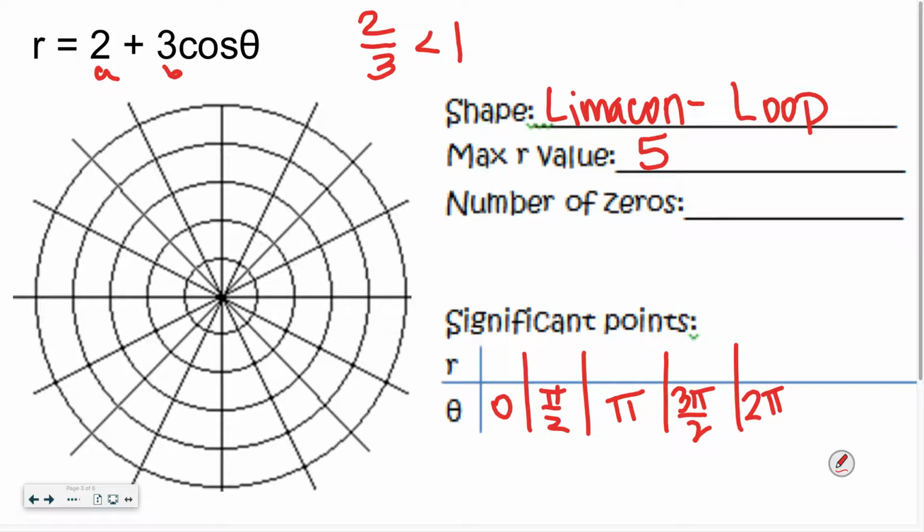First of all, they're easy points to plug in, and you don't have to think about it. You just know those are the points you're going to plug in. Yesterday, you had to do some work to find where your rose petals were. So, 0. What is the cosine of 0? It is 1. So we have 2 plus 3 times 1.